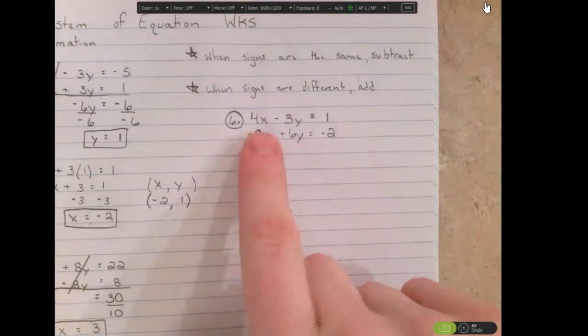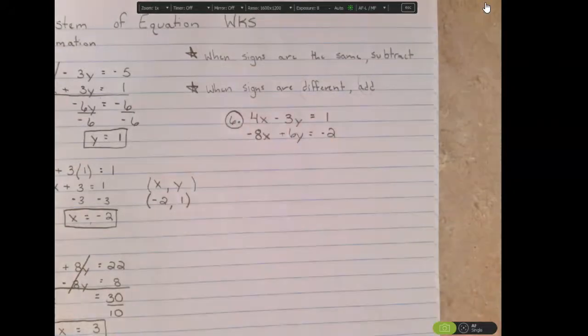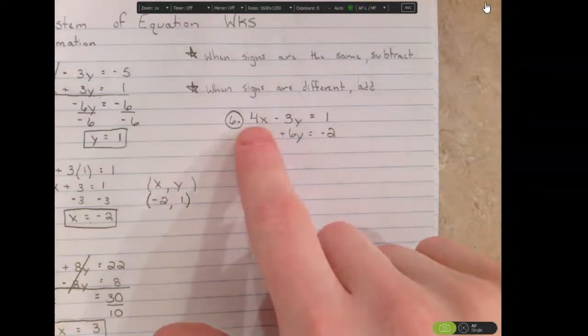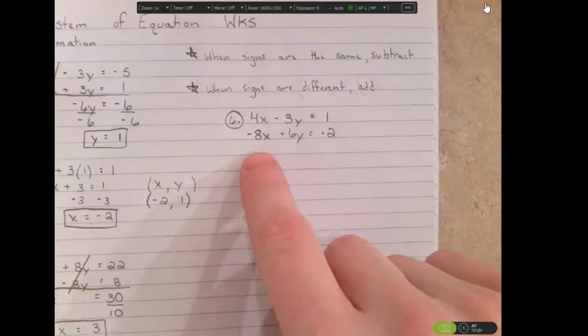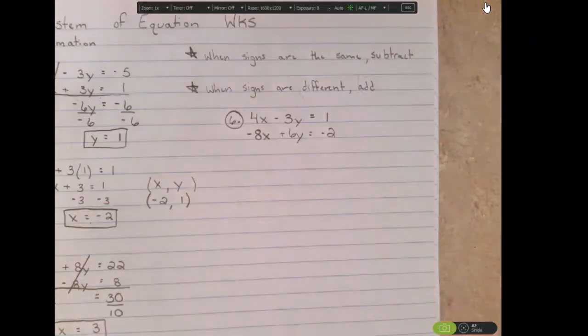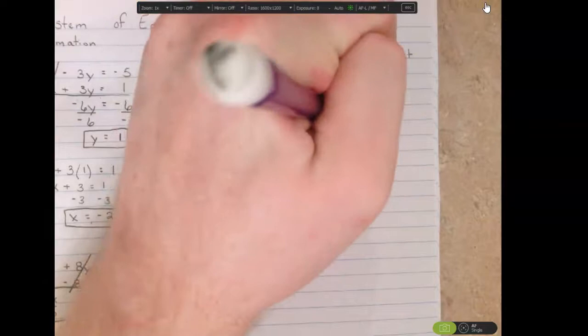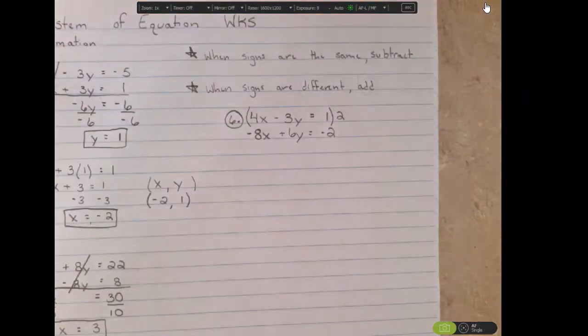So how can I, and again, it does not matter which one you want to make like the other. I'm going to choose my x. How can I make this 4 into an 8? I can multiply by 2. So I'm going to multiply this entire equation by 2.